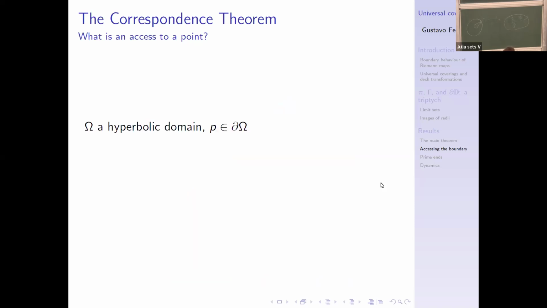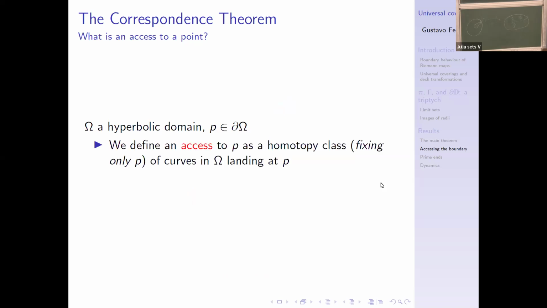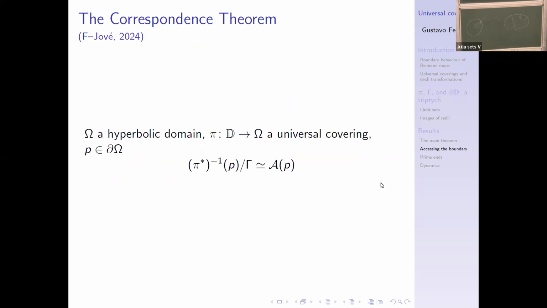And it turns out that the right definition of access is that we should take a homotopy class that fixes only the point on the boundary. And if you use this definition, then we get a correspondence theorem that is basically what you expect, right?